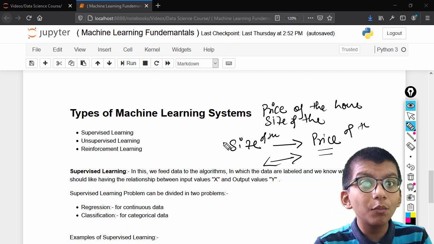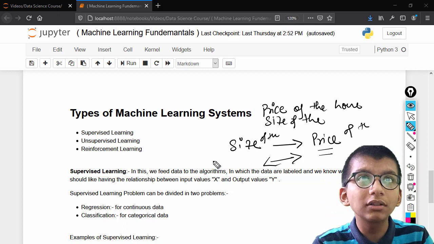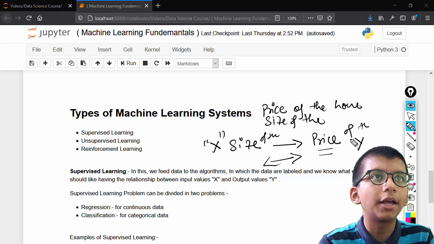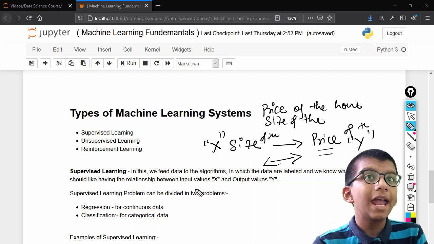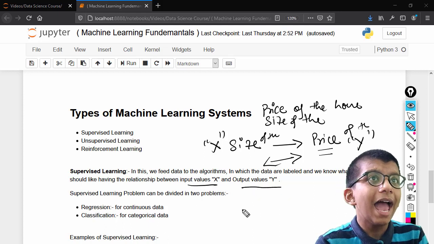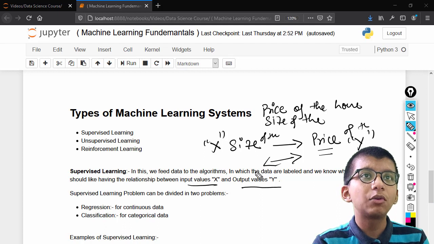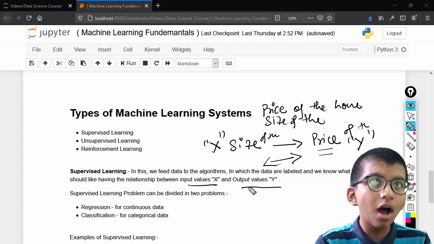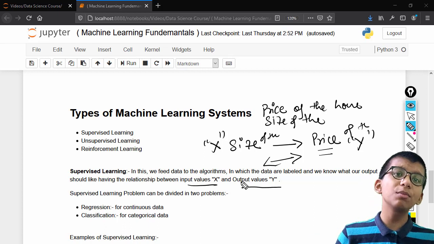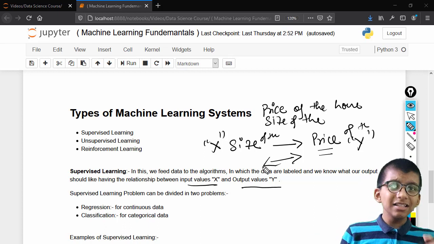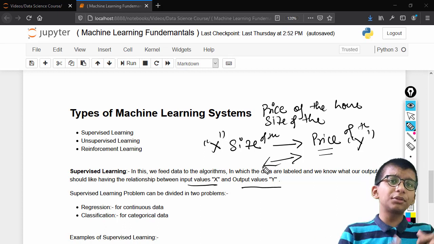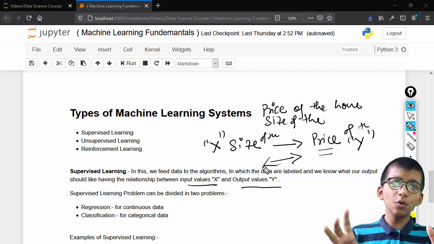So what we give as input is called X, and what we get as output is called Y. So input value is equal to X and output value is Y, and there is a relationship between X and Y, meaning the input value and the output value, in supervised learning. So the size of the house has some kind of relationship with the price of the house. I think you are getting me.